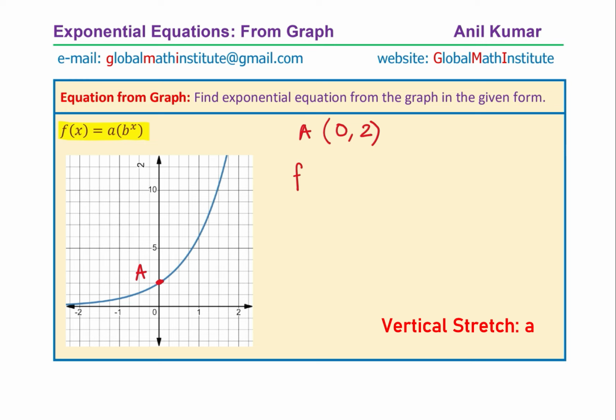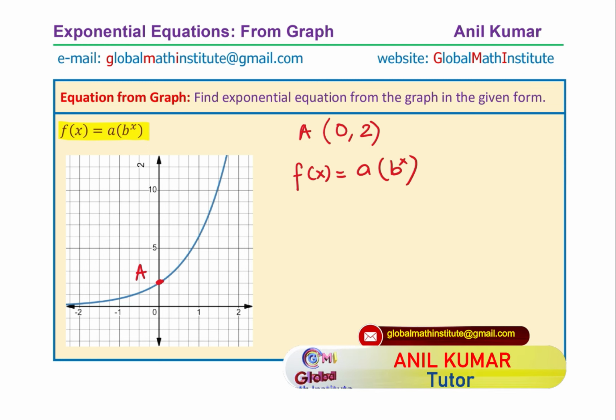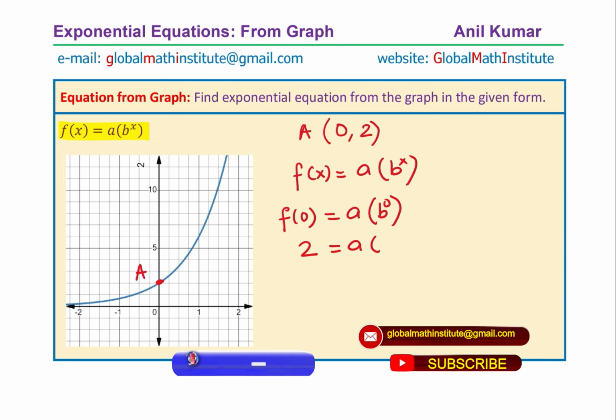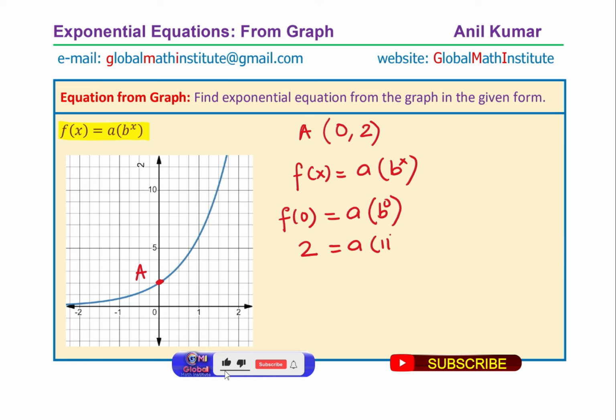So if you're looking for the function f of x equals a times b to the power of x, substituting 0, that means f of 0 equals a times b to the power of 0. What do we get? Well, the value is 2, and a times anything to the power of 0 is a times 1, and therefore we get the value of a as equal to 2.